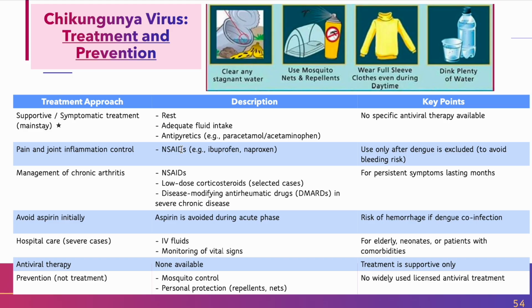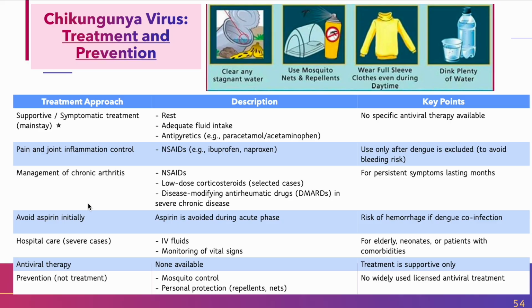You have to know that the patient is infected by chikungunya virus, definitely not dengue. If it is dengue virus, you cannot give NSAIDs to the patient because of the risk of bleeding.